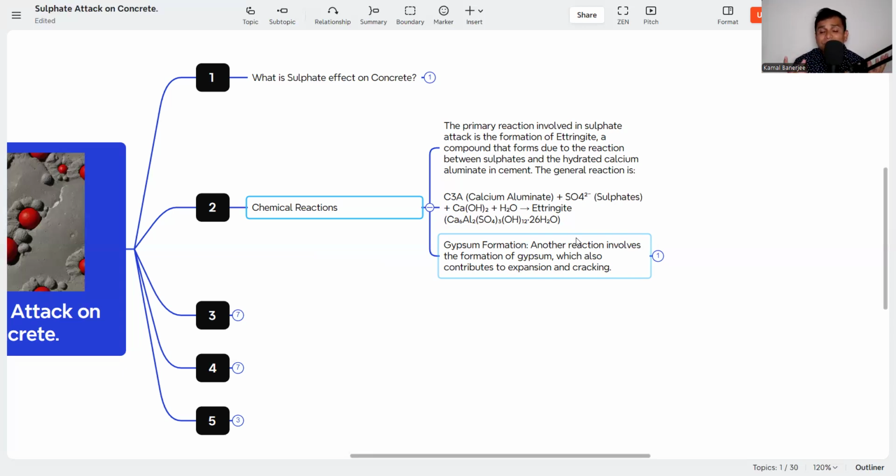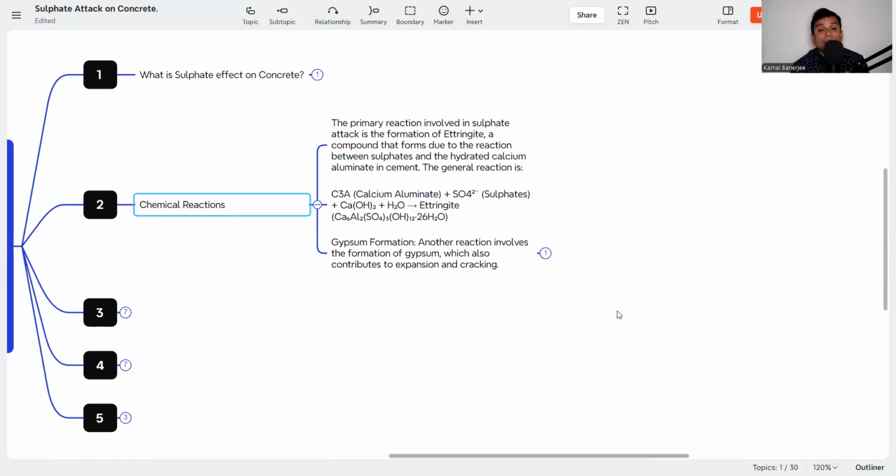Now, what is the effect if it is forming? I will come to that later, what happens inside the concrete when ettringite forms and why it is detrimental for our concrete structure. Another reaction is also happening, that is gypsum formation. Another reaction involves the formation of gypsum, which also contributes to expansion and cracking.